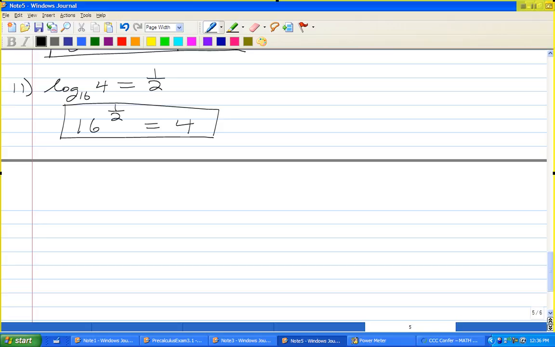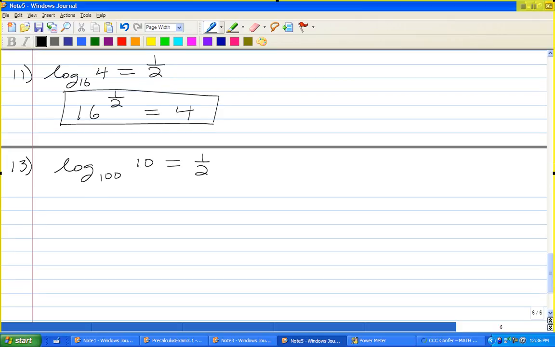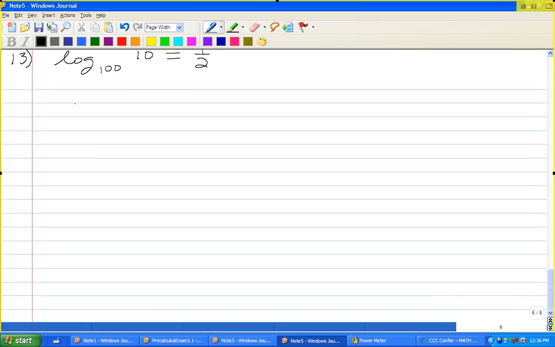To problem 13. Log base 100 of 10 is 1/2. So the base is 100.